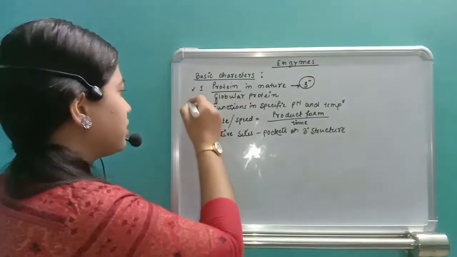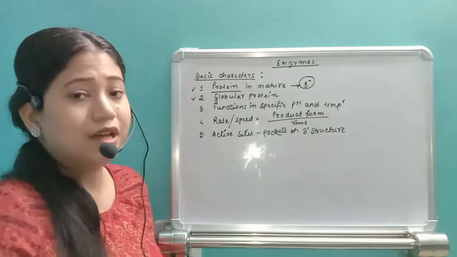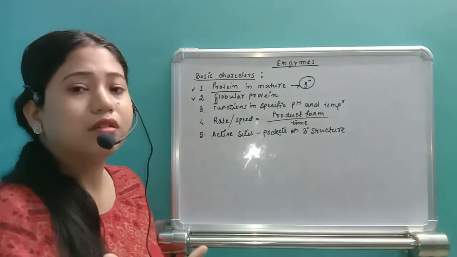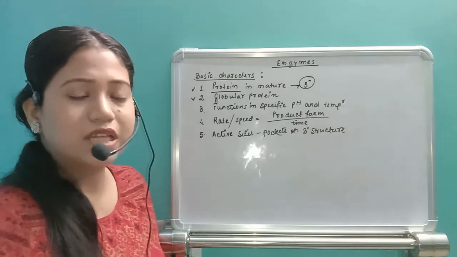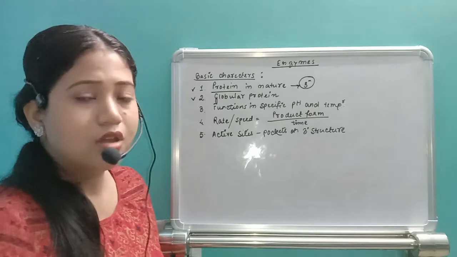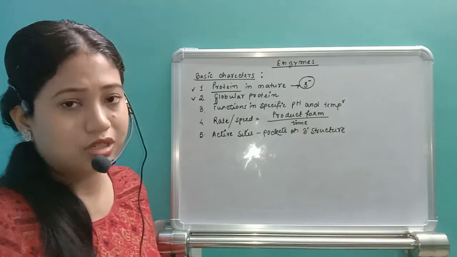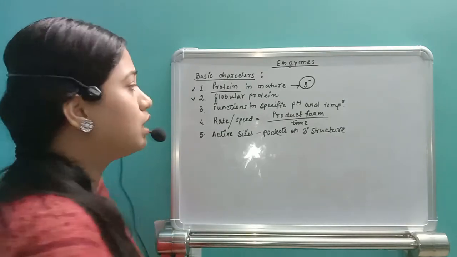The second very important thing is that structure-wise, these enzymes are of globular structure. Proteins can be of two kinds: one is globular protein, another is fibrous protein. Fibrous proteins are insoluble in water, but globular proteins, the enzymes, are soluble in water.